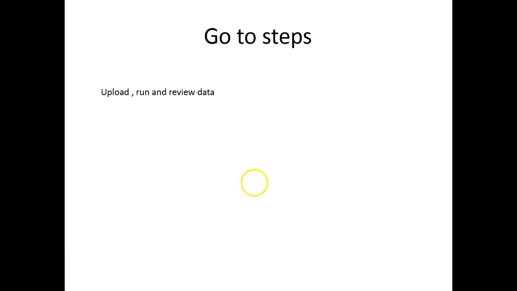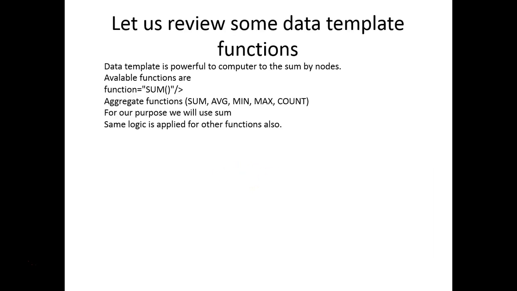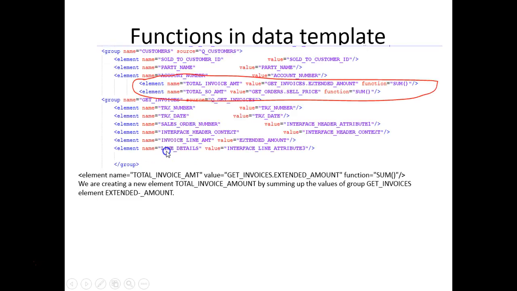So at this point, let's go ahead and take the next step. We're going to review the functions. We have looked at in the previous example how to use functions. So I'm going to use the sum function to get the total invoice amount. In the previous labs, we've gone through the functions in detail, so I'm just adding it here.